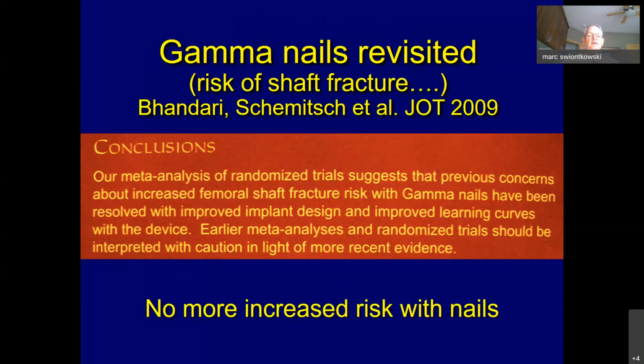It was most recently updated by Dr. Bandari, and what you can see is that as the orthopedic community worldwide has gained experience, the femoral shaft risk with misplacement of the locking bolts has basically disappeared. So there's no increased risk with nails, but there are issues with expense of the implant, which we will address.